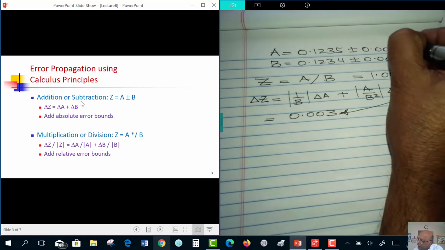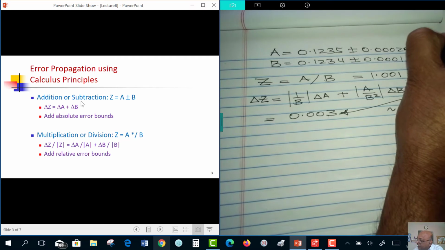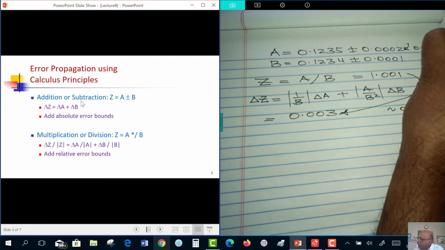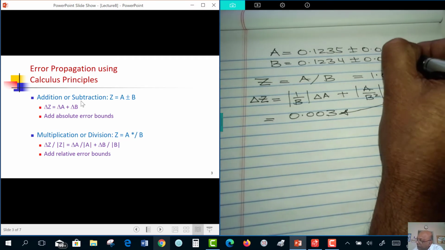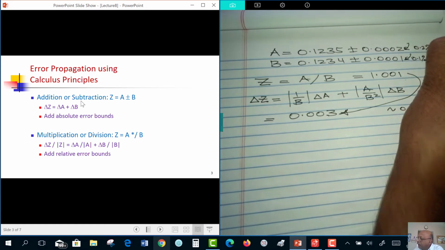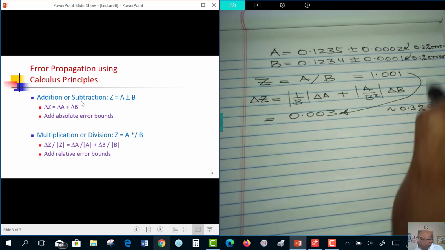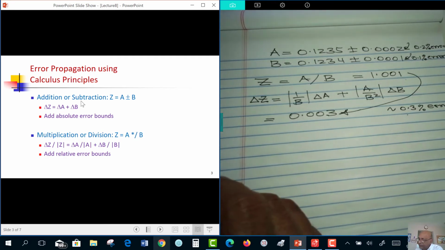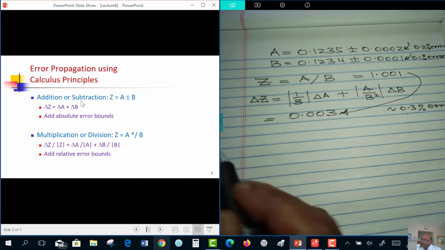So remember, this was 0.2% error. This was 0.1% error. So when we do division, these relative errors add up. Okay.